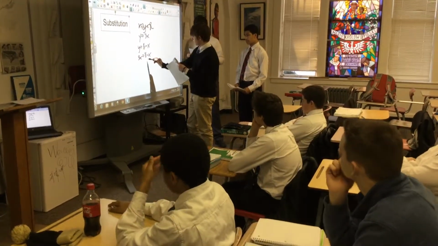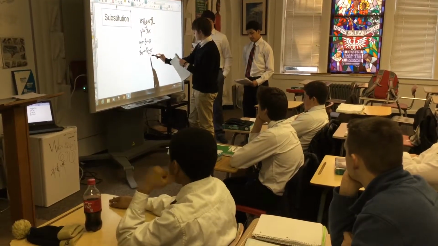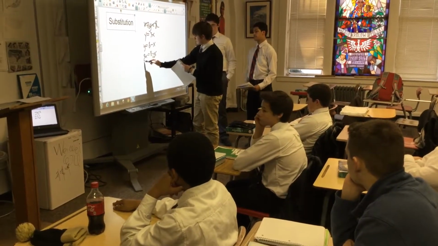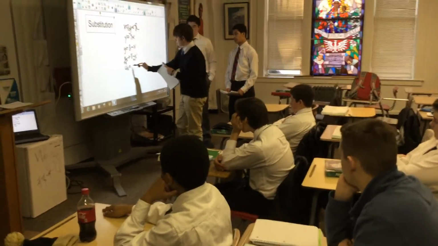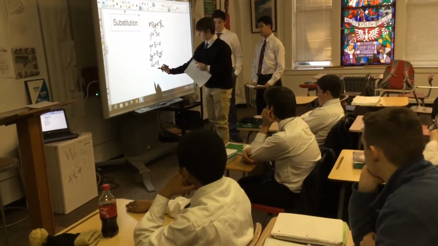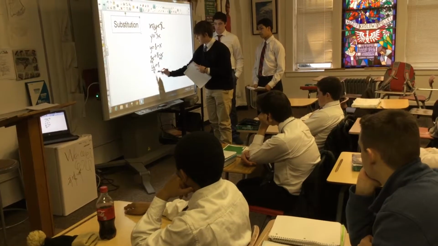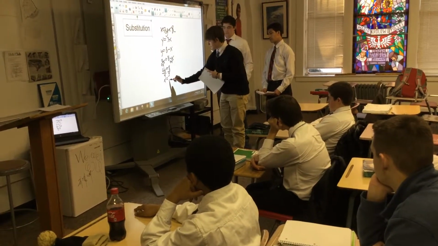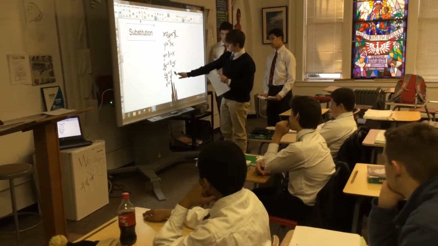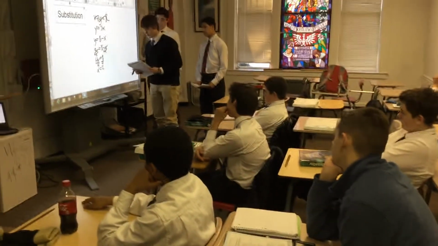So then you add this x over here. So 4x equals 8. Then you divide, x equals 2. You get that because 8 divided by 4 equals 2.